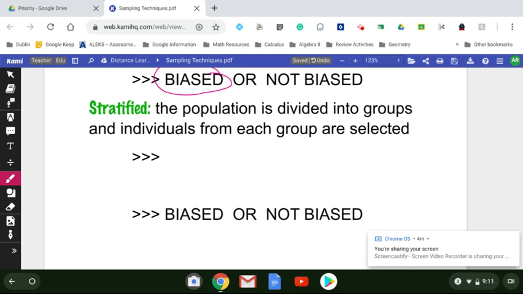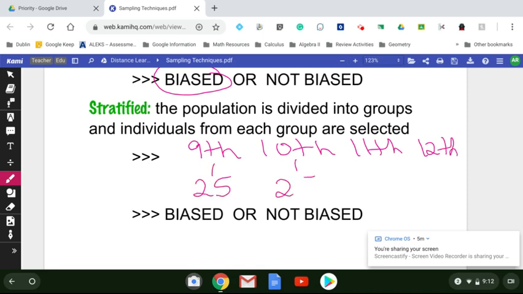The last sampling technique we're going to look at is stratified. This is where the population is divided into groups and individuals from each group are selected. So let's say that we divide the school into 9th, 10th, 11th, and 12th graders once again. But this time, I'm going to choose 25 ninth graders, 25 10th graders, 25 11th graders, and 25 12th graders to sample.